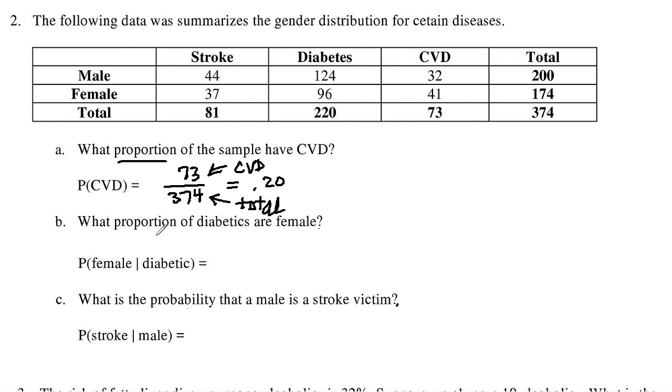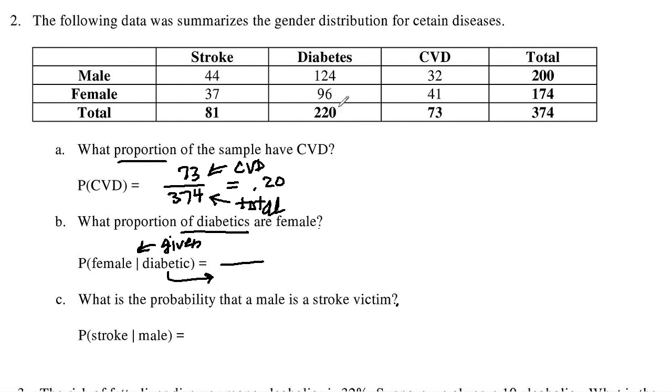Next up, what is the proportion of diabetics that are female? So it's of diabetics, so it's given that they're a diabetic, and then of those we want to know what proportion are female. So this is the proportion of female given diabetics. The vertical bar means given, and remember that the given condition restricts your total outcomes, so we've restricted our total outcomes to just diabetics.